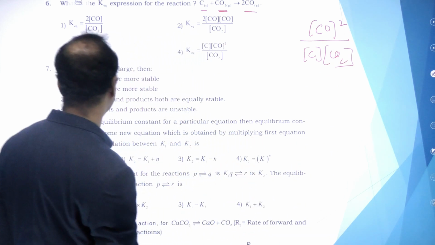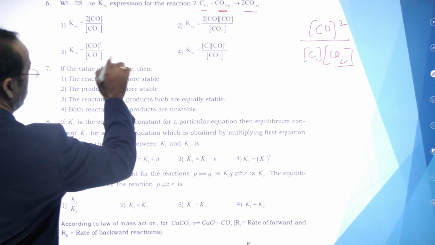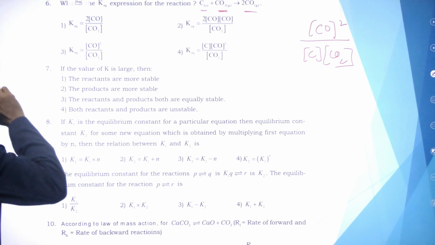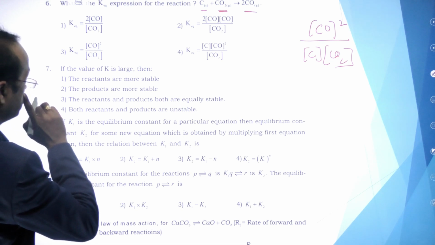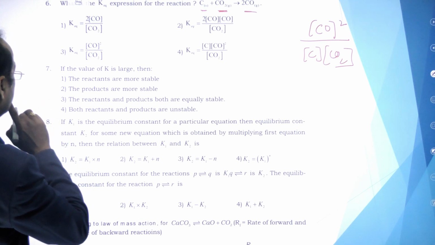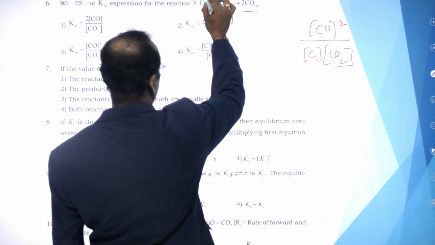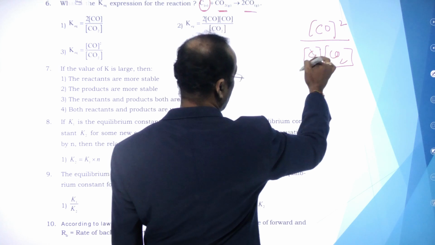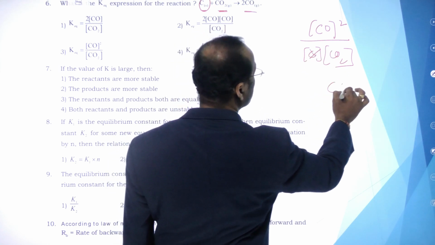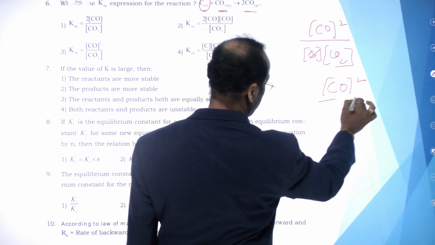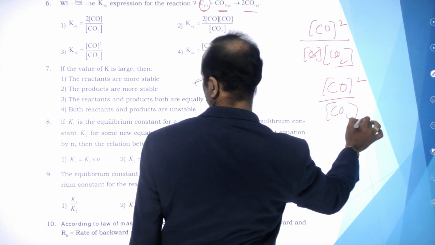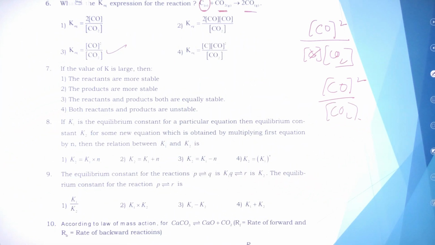But carbon is a solid, so we don't take the solid here; its constant becomes 1. So CO to the power of 2 by CO2. This is the right answer, so it is the third option.